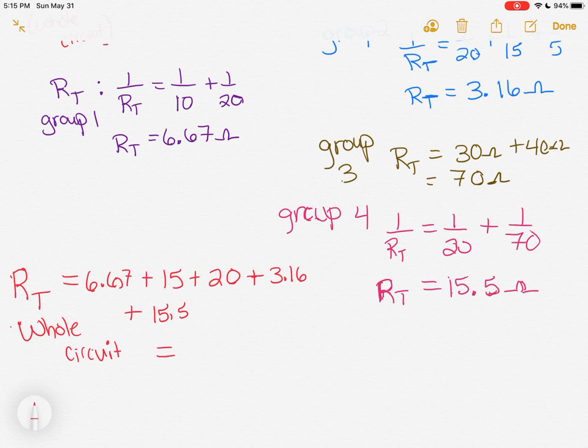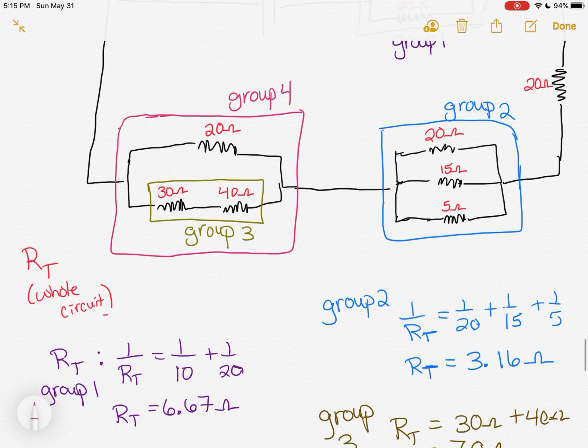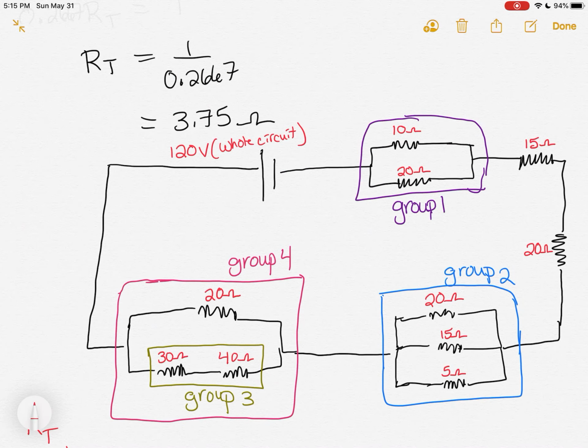So 6.67 plus 15 plus 20 plus 3.16 plus 15.5. And we've got an entire resistance of 60.33 ohms. Okay, so that means that's the whole circuit. Has an overall resistance of 60.33.